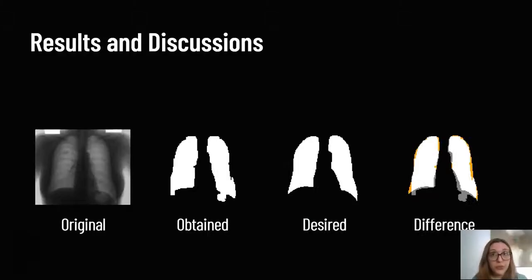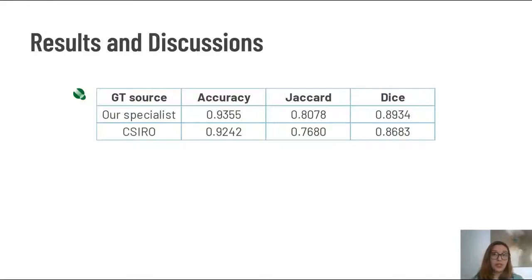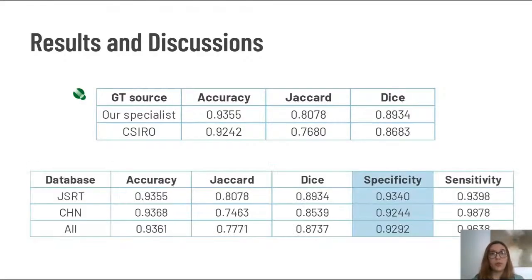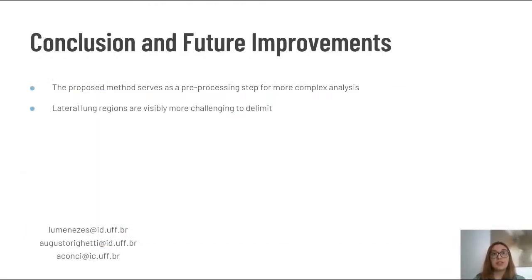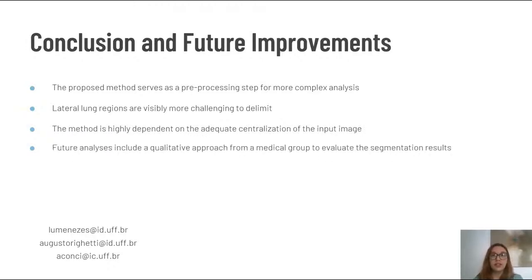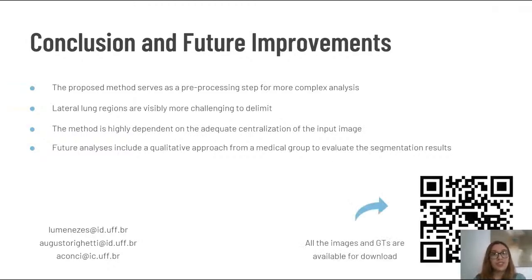We are also going to show the results of our work both qualitatively and quantitatively in numbers, comparing with other studies, and also presenting some conclusions and future improvements. Thanks for watching and see you there.